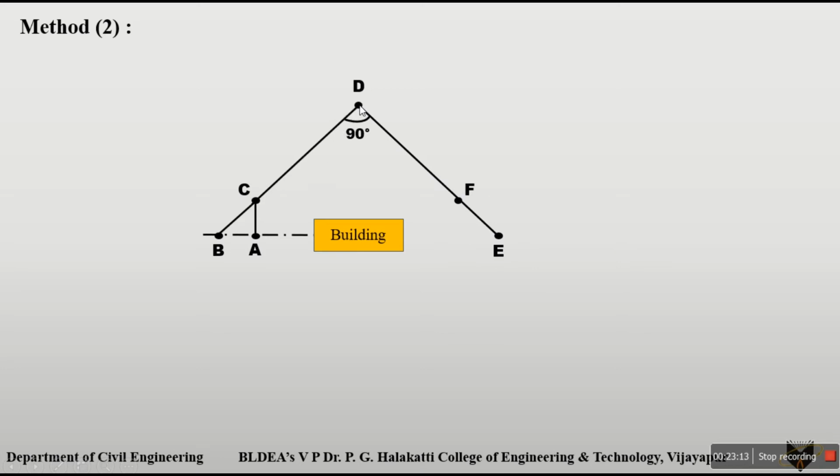Keep the 0 of your tape here, measure the distance of CD, and with respect to that length draw an arc along this line. Wherever the arc crosses this perpendicular line, that point is F.